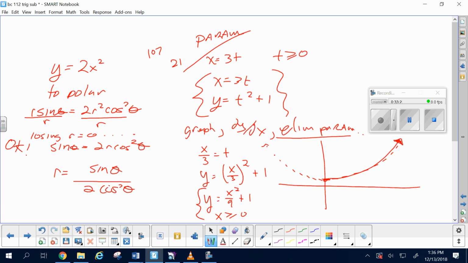So the graph is going to differ in 3 ways. First of all, it'll be domain restricted. Second of all, you're going to communicate where the starting point is, which is time equals 0. And I'm having most people forget that. And then the direction. And half of you are still forgetting that. The direction is that way. Okay?